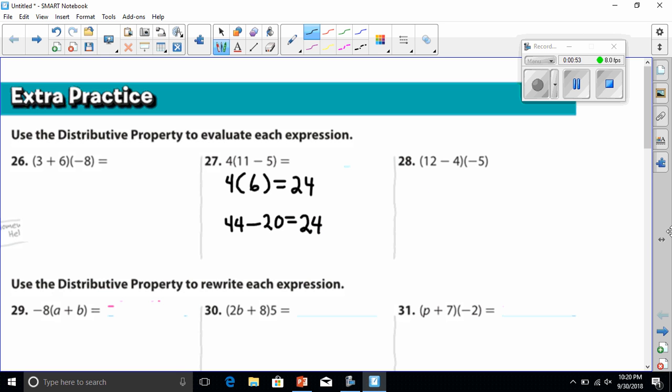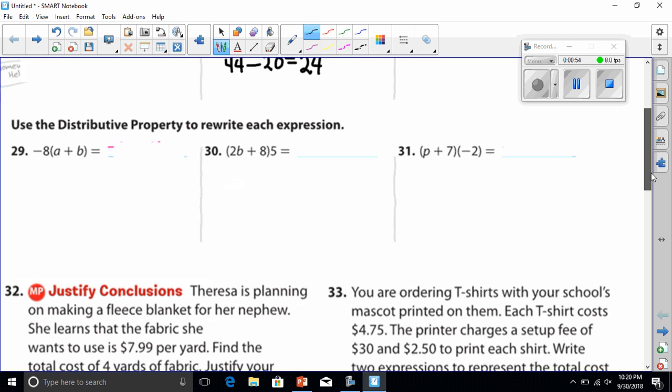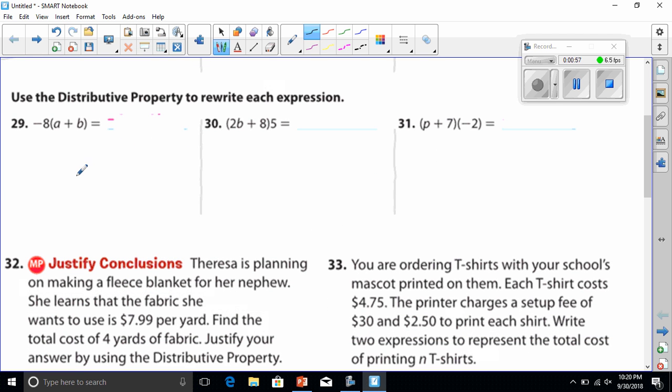Let's go to number 29. Rewrite each expression. Well, if I rewrite it, this time I can't combine what's inside the parentheses, so let's rewrite it. Negative 8 times a, well, that's going to be negative 8a. Keep in mind, when we distribute properties, we take what's in front, we multiply to everything inside the parentheses.